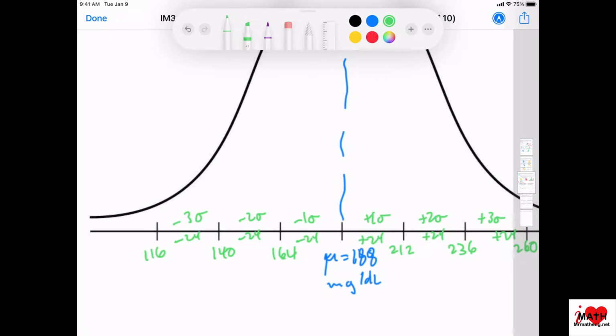So if you were doing that by hand, negative 3 times 24 gives you negative 72. Let me show you how I got that. 188 minus 72 gives you 116. Okay? So 2 ways to figure out the standard deviation going there at the horizontal axis.